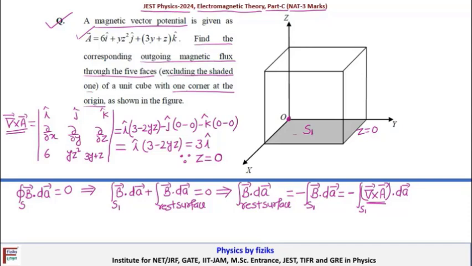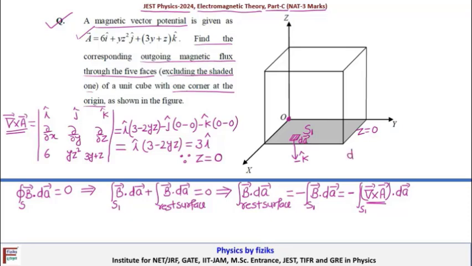Now for surface S1, what will be dA? This is the direction of dA, and this direction is minus k cap. This is the area element dA.